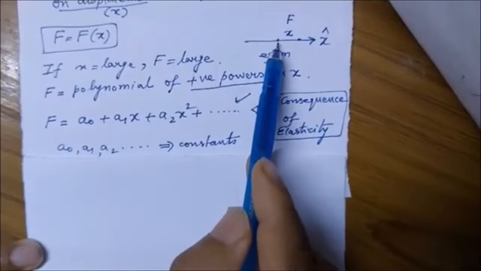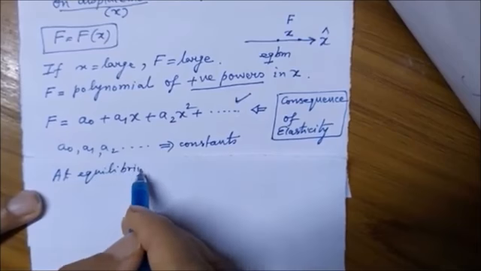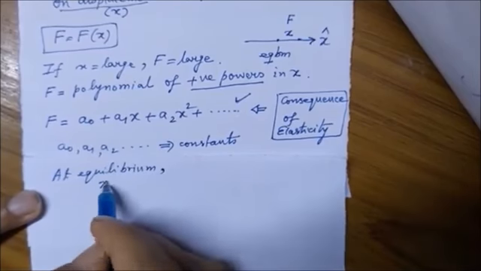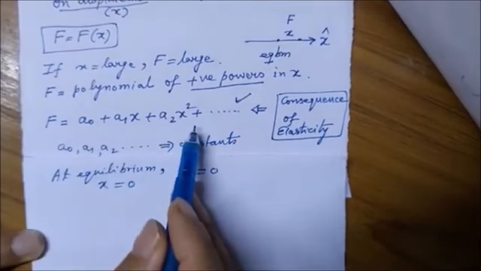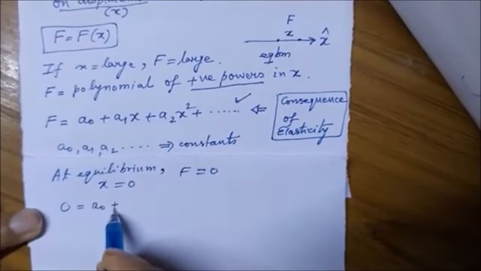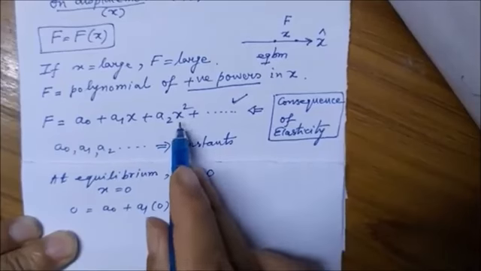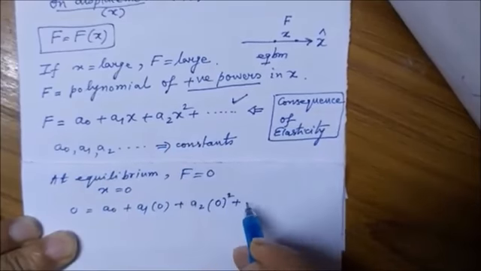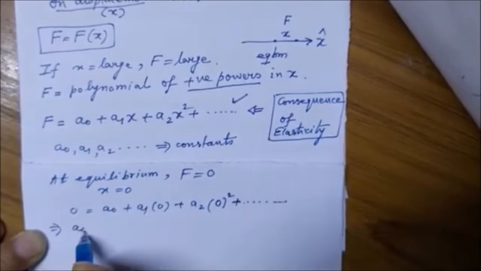Now at equilibrium position, that is when x is 0, obviously the system is not disturbed and the restoring force is 0. There is no applied force, so there is no restoring force. So at equilibrium, when no one is disturbing the system, F is 0. So from this relation what we get is F is a0 plus a1 into x, which is 0, plus a2 into x square, which is again 0 square, plus etc. And this means a0 is 0.